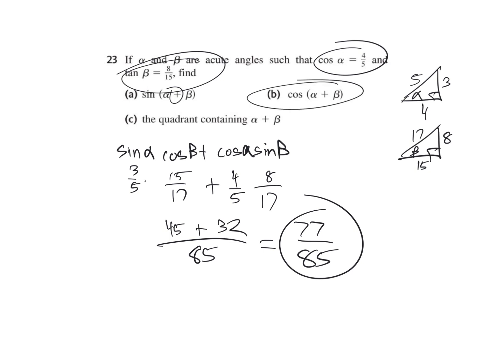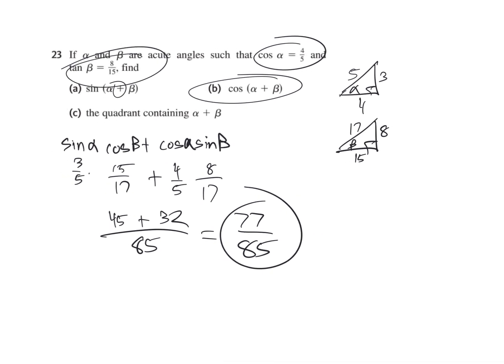So now you got to do cosine of alpha plus beta. Okay, so let's kind of move this over a little bit here. So the cosine of alpha plus beta, so it's an addition, so cosine of alpha, cosine of beta, minus sine of alpha, sine of beta. All right, so cosine of alpha, again, is 4/5.